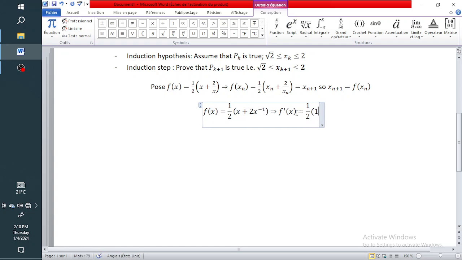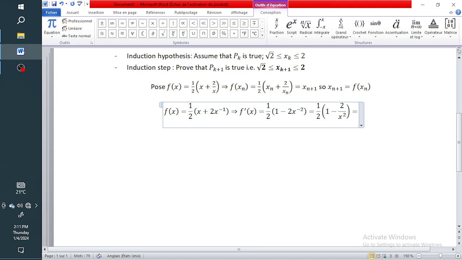When I differentiate 2x to the negative 1, I need to drop down the negative 1. It multiplies with 2. Then I take x to the power negative 1 minus 1, which is just negative 2. So we can rewrite this as half into 1 minus 2 divided by x squared.